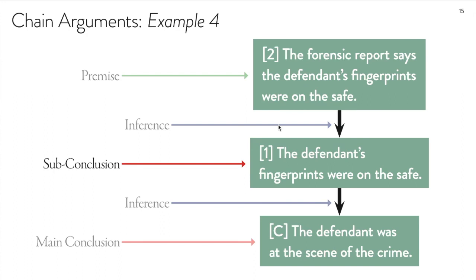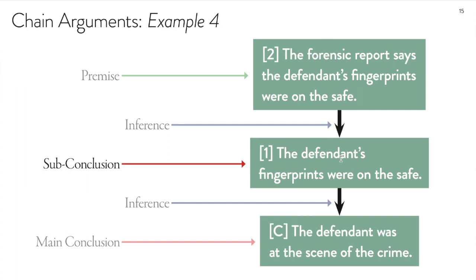that's a premise because it's going somewhere. It's not the end. So it's a premise, but it's also a conclusion in the sense that the forensic report, number 2, is telling us about 1. So sub-conclusions are just conclusions we reach along the way towards that main conclusion. So a sub-conclusion is still a premise because it's still supporting the main conclusion.